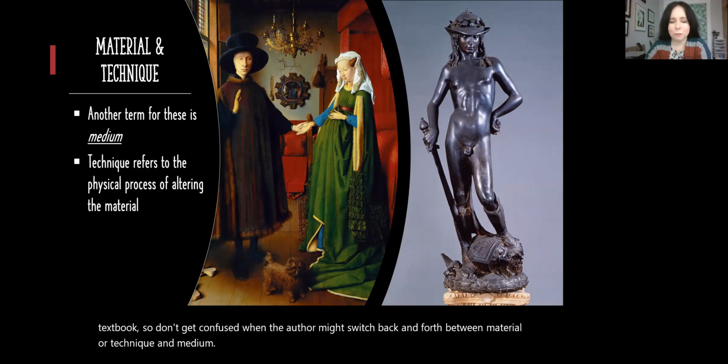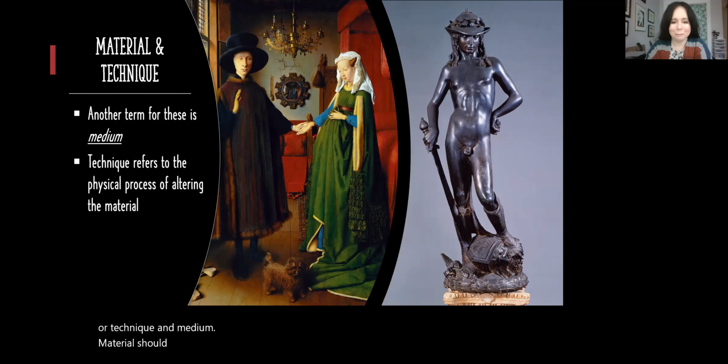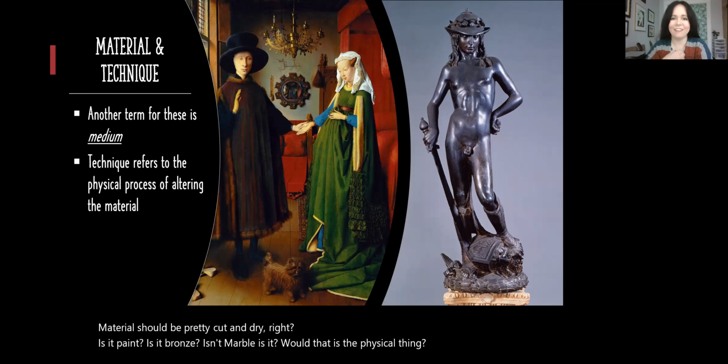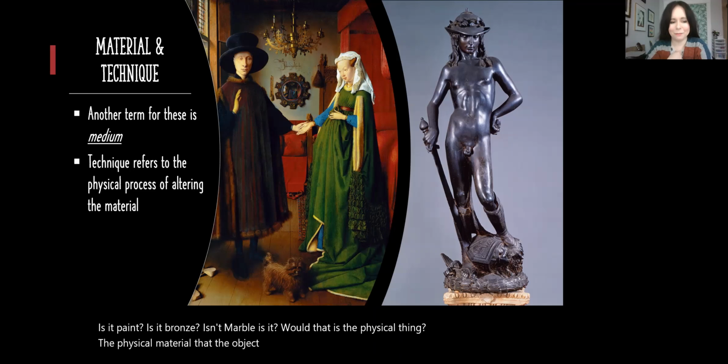Material should be pretty cut and dry, right? Is it paint? Is it bronze? Is it marble? Is it wood? That is the physical thing, the physical material that the object is made of. Technique for us is very specific. Technique refers to the physical process of altering the material.